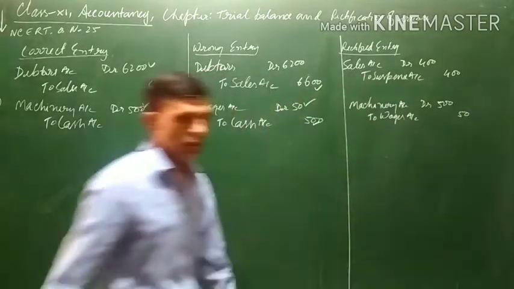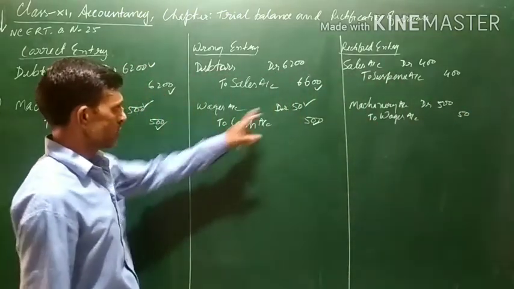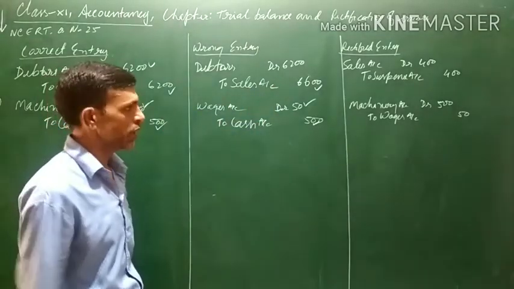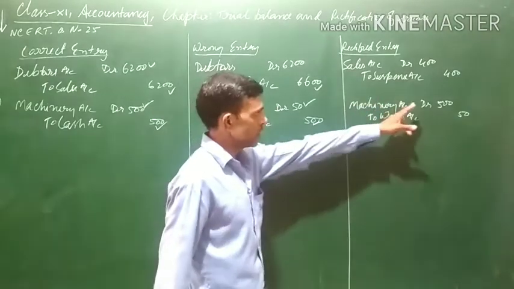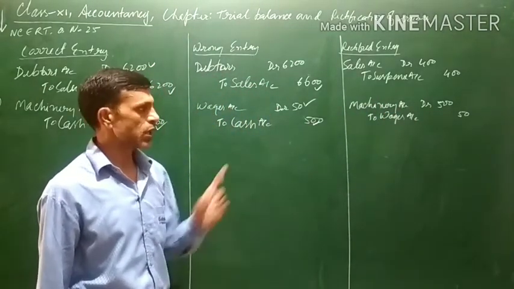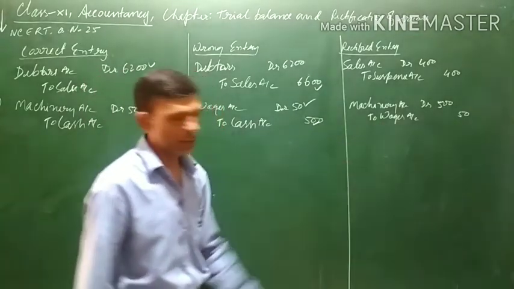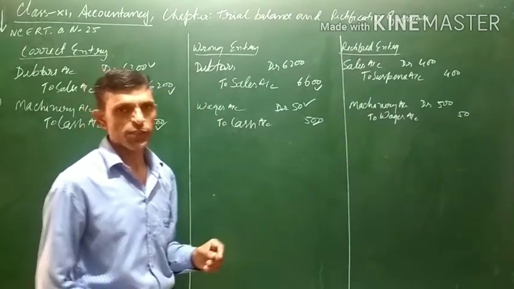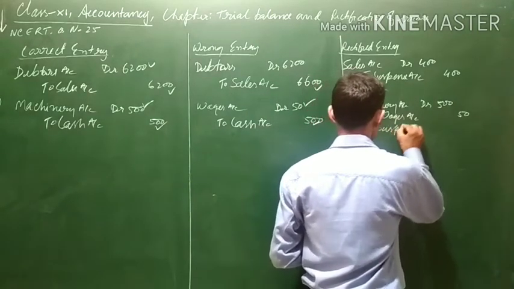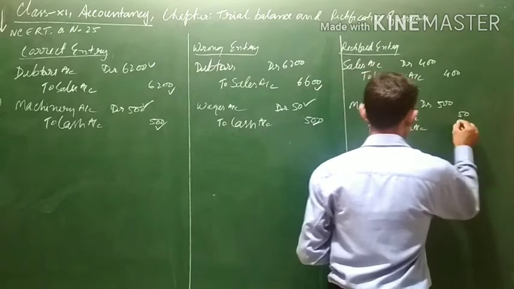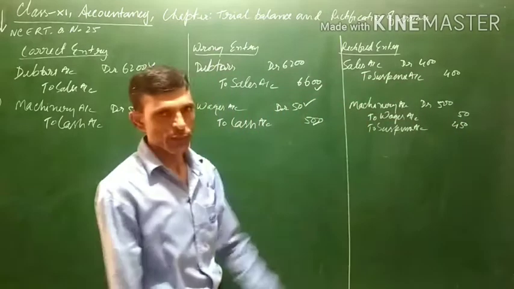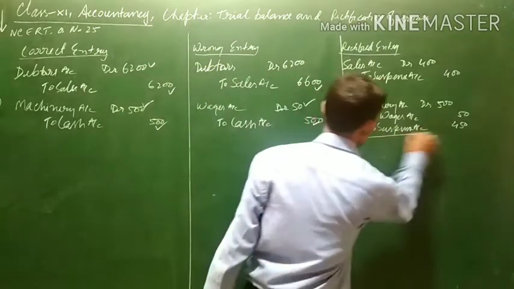Now you can see that the debit is 500 and the credit is only 50, so there is a difference; the credit balance is less. So the difference of 450 will be transferred to suspense account. Now the debit and credit balance become equal, and this is the rectification.